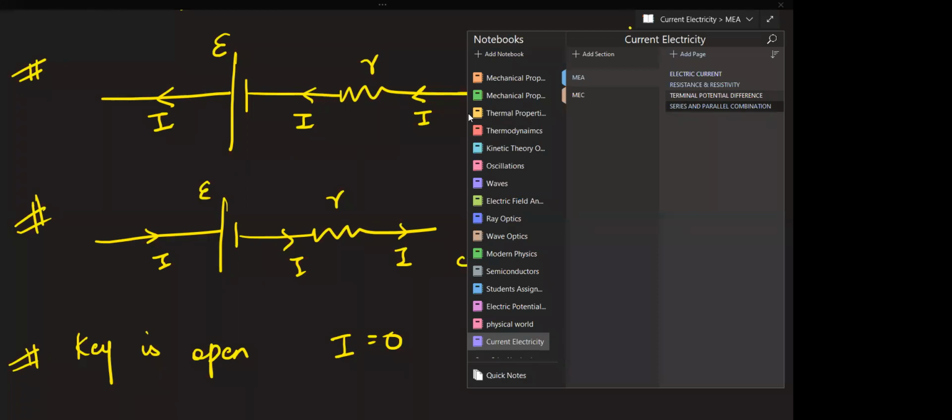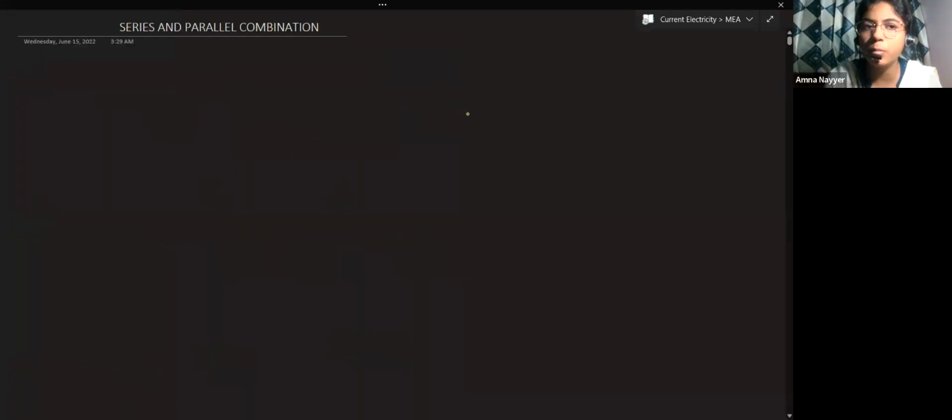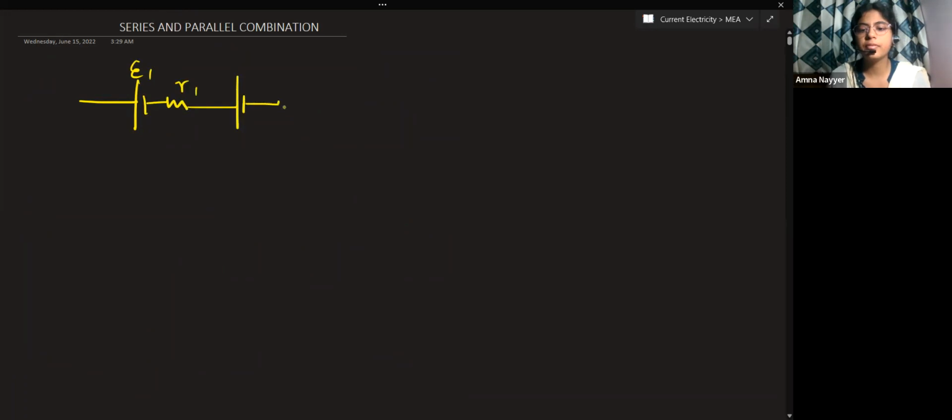Okay, the next topic that you have is the series and parallel combination. But before moving into what we have already studied in capacitance, suppose you are given a series combination of cells with various internal resistances. This one has EMF E1 with internal resistance R1. Then the second cell has EMF E2 with internal resistance R2.